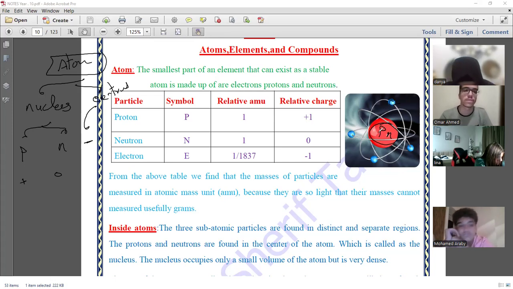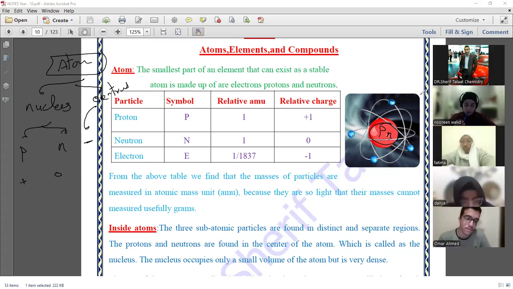Protons positive, electrons negative, neutrons neutral. Mass of protons 1, mass of neutrons 1, mass of electrons 1 over 1837. So the mass of electrons can be neglected if compared with the mass of nucleus.